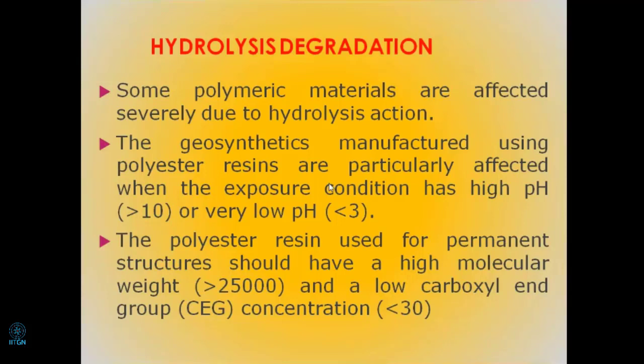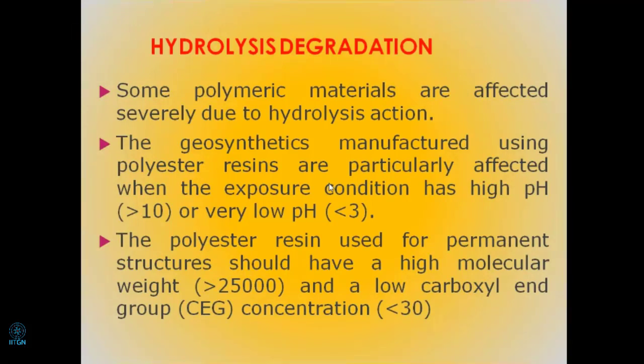The basic material of the geotextile, like polyester resin or whatever it may be, should have a high molecular weight of more than 25,000, as well as a low carboxyl end group concentration, also known as CEG, of less than 30. By this method, we check these two parameters: the high molecular weight should be retained, more than 25,000, and the carboxyl end group concentration should be low after exposure to the hydrolysis action.